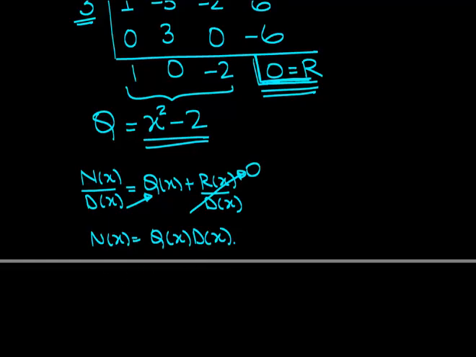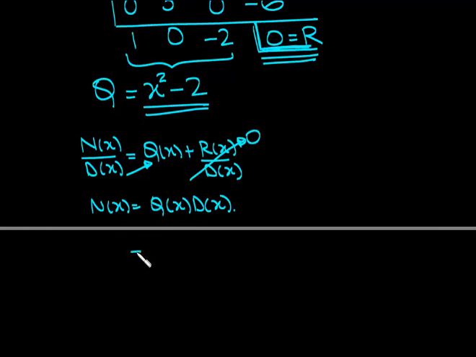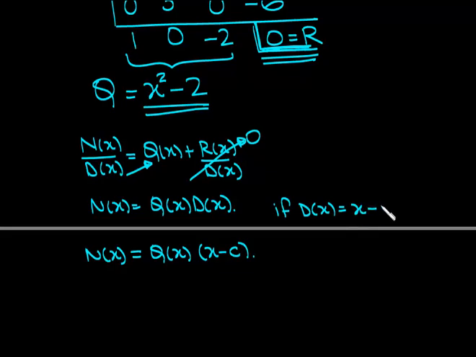And if d of x is something nice, a linear function, then we end up with q of x times something like x minus c. So that's what it looks like. That is if d of x is a linear divisor, you're dividing by x minus c. So you can see my original polynomial n of x can be written as the quotient times the divisor. And if the divisor is nice like this, we can write it this way.